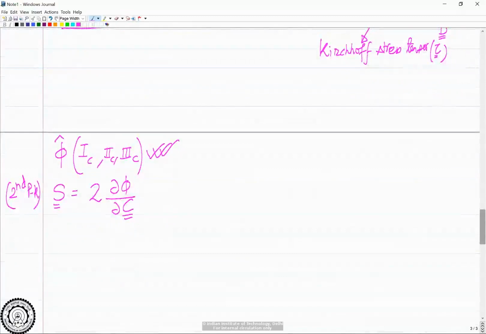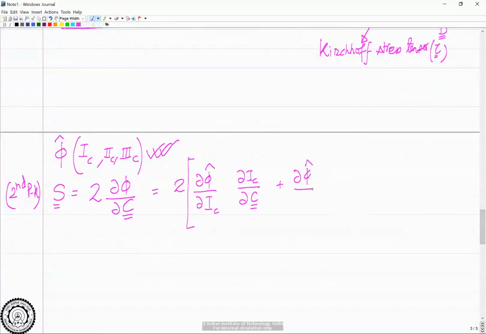So anyway, finally we have S equal to 2 times del phi by del C, which we can write as 2 times del phi hat over del I_C into del I_C over del C. See, chain rule.